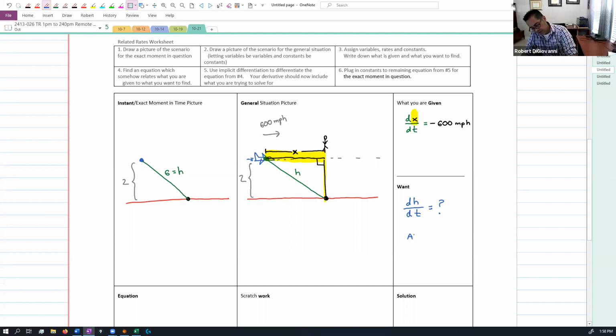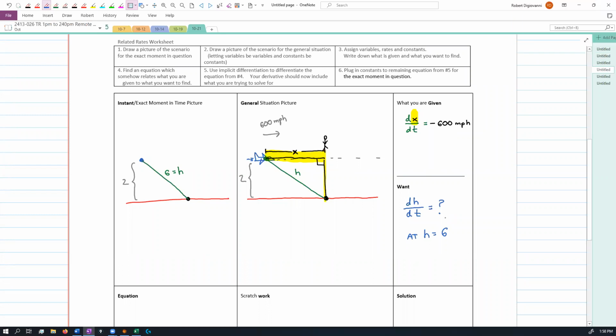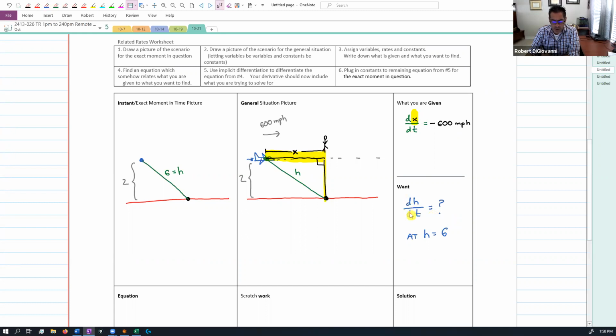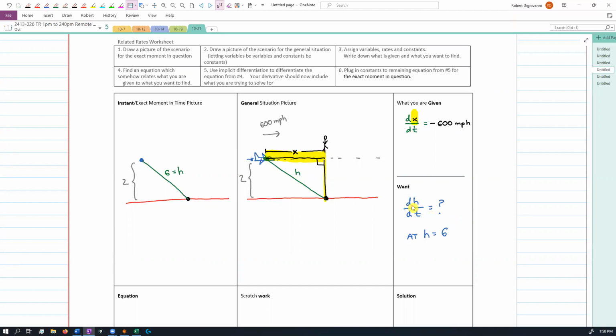Exactly, at H equals 6. Now, you did all that perfectly, Bethany. Do you understand? Yes. Okay, good job. We want to know how fast the distance between the plane and the radar station is changing.